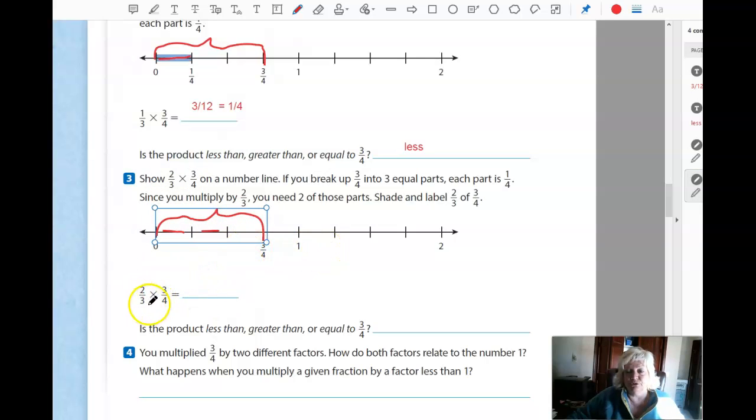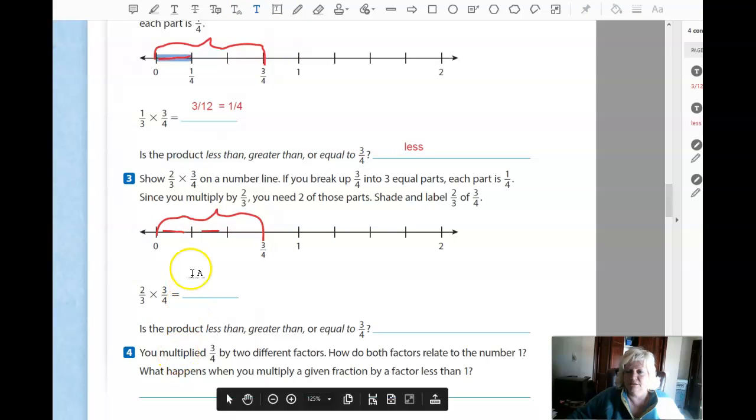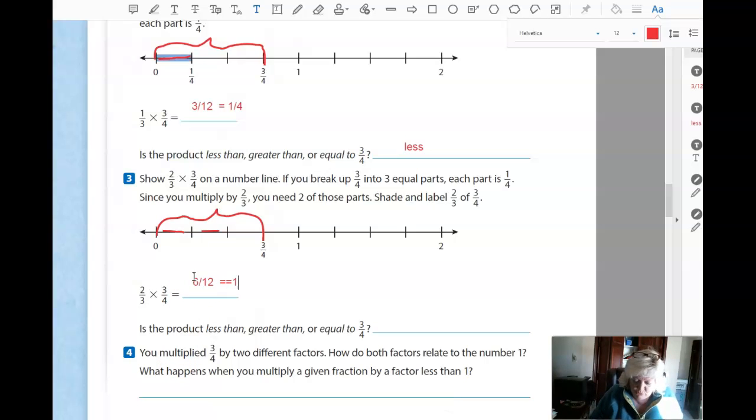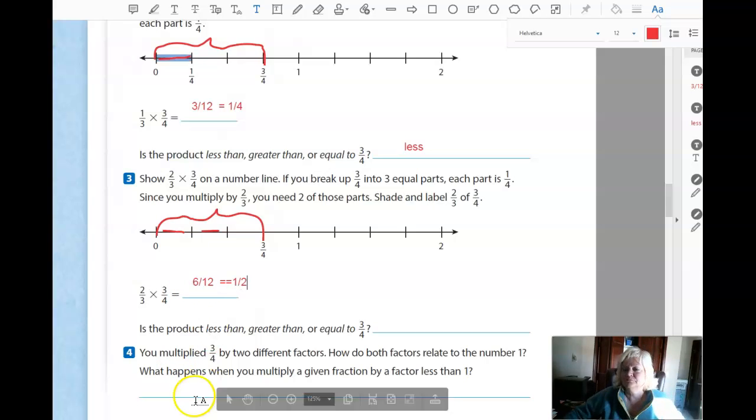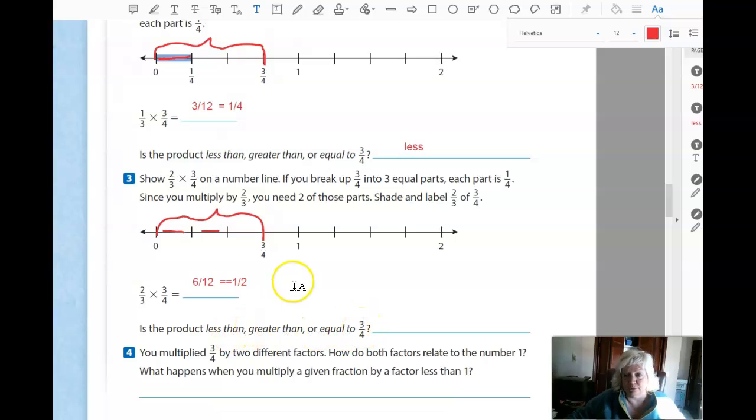So 2/3 times 3/4 is 6/12, which simplifies down to 1/2. Is the product less than, greater than, or equal to 3/4? Well, it's less than, and we can see that because we haven't even made it all the way to the 3/4 mark. So it again is less than.